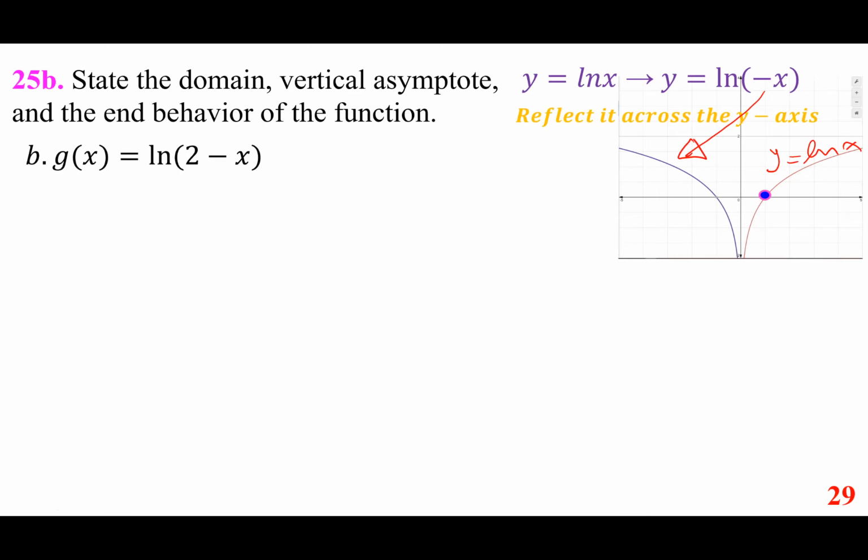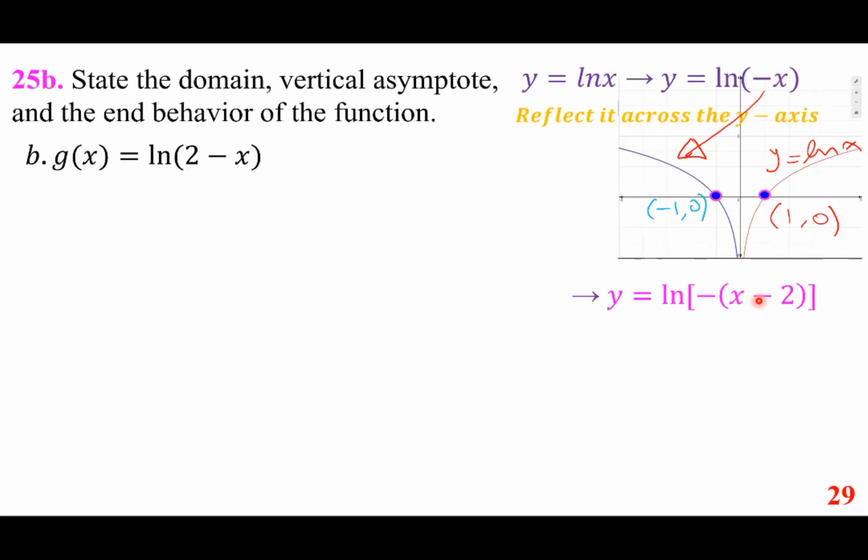So this one has coordinates 1, 0. This one has coordinates negative 1, 0. So we have changed the x-intercept from 1, 0 to negative 1, 0 when we flipped it over. Now, we are going to replace the x with x minus 2. That negative sign is not changing. We are changing the x to x minus 2.